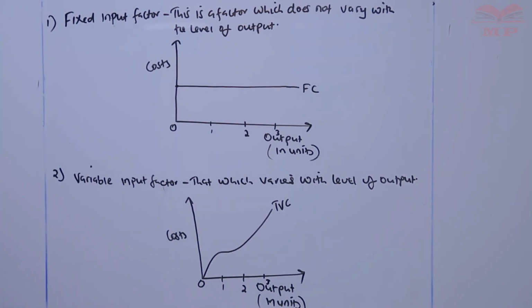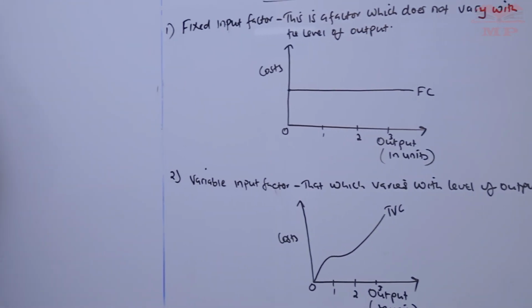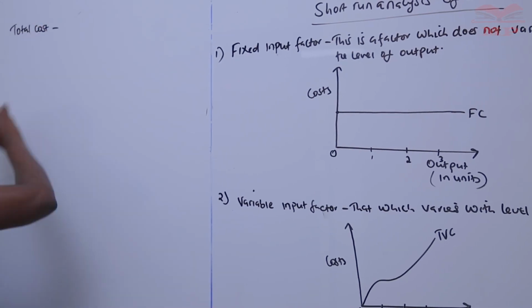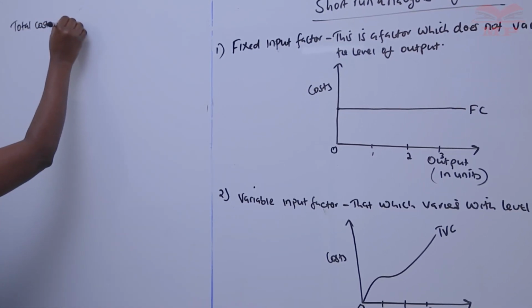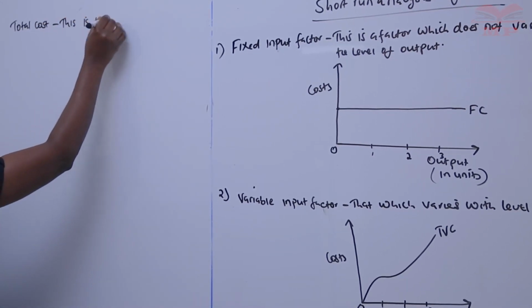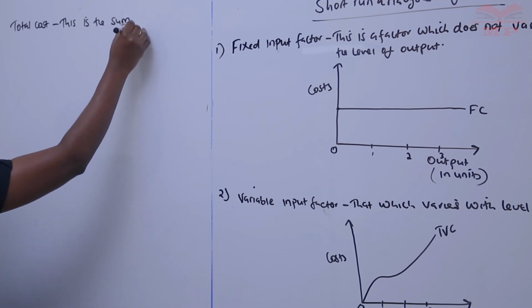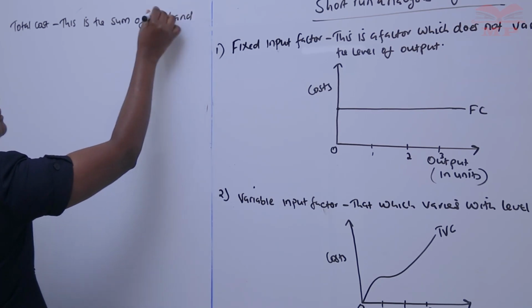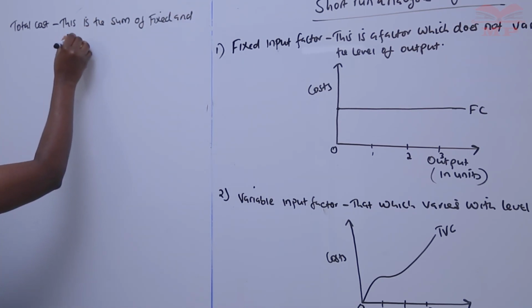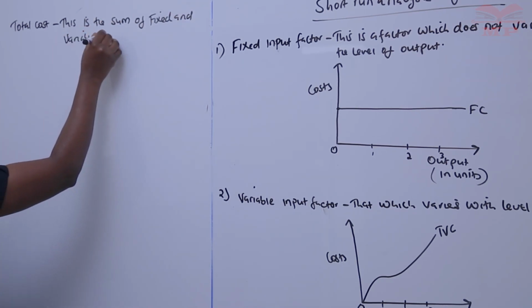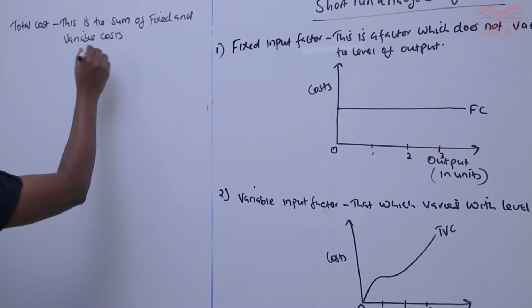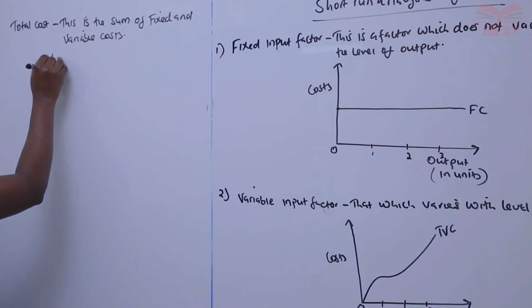We also have what we refer to as total cost. This is the sum of fixed and variable costs. So how do we illustrate this?